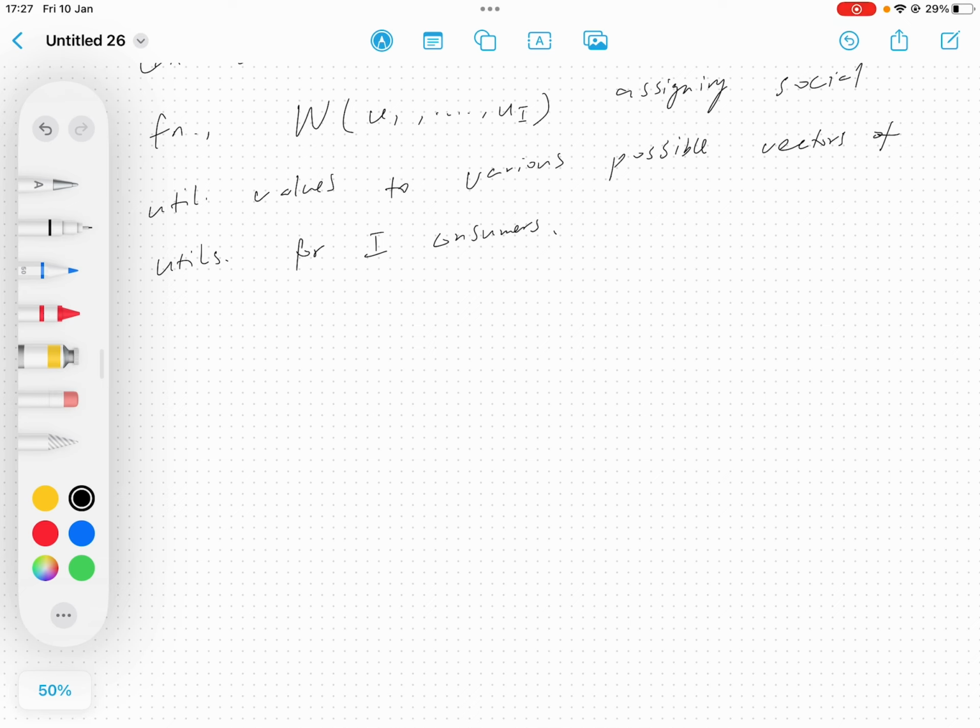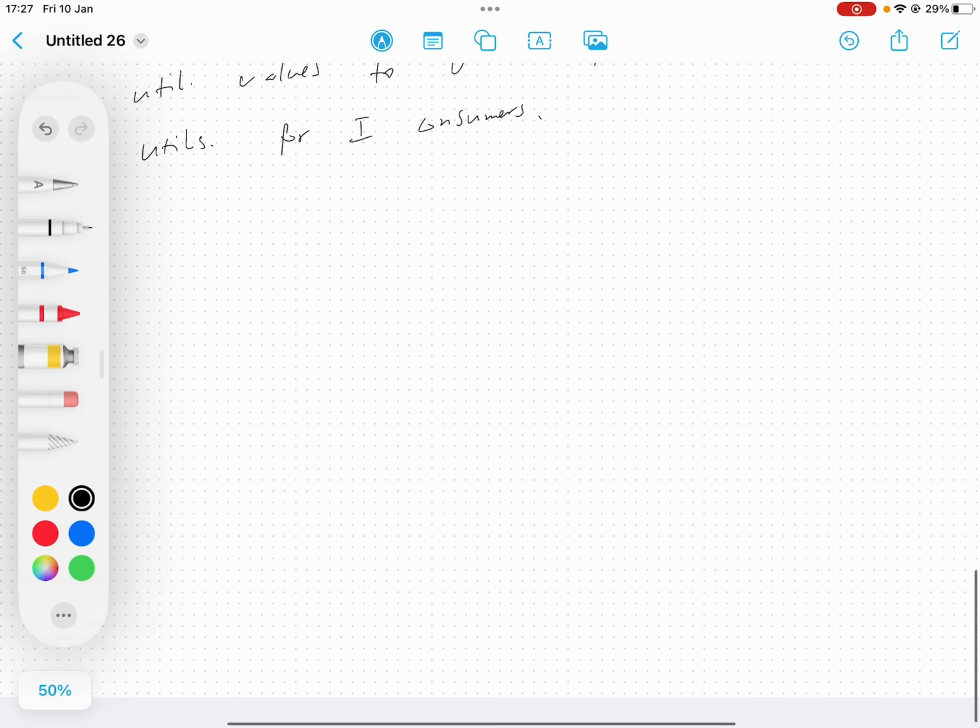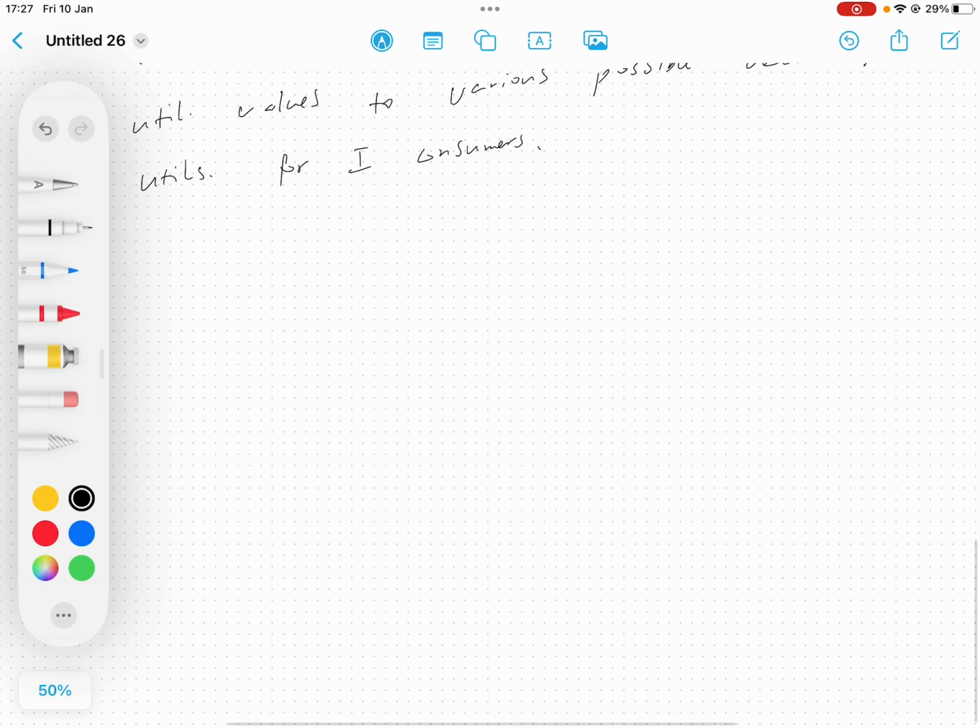All right, and then we're going to follow the textbook and concentrate on a particularly simple class of social welfare functions, where it has a linear form. So W(u1 up to uI) is simply the summation over i of lambda i times ui.